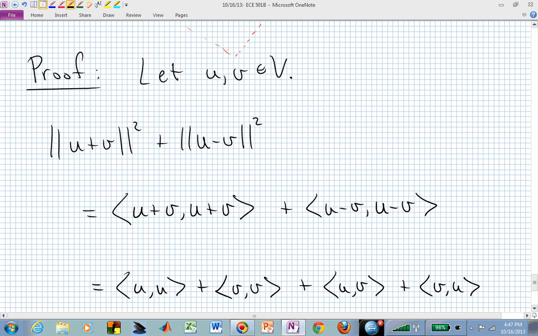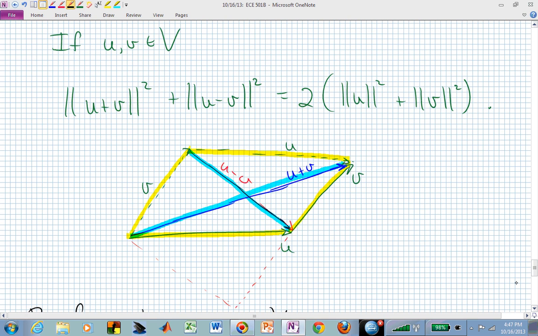Yes? So let me see. So now you have u plus v. Maybe this is a poor diagram, but you should be able to show that u minus v is not the same length.